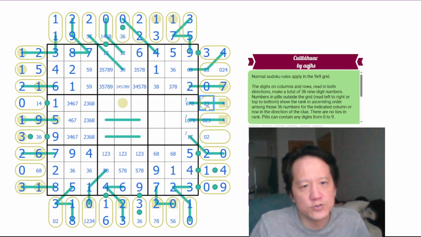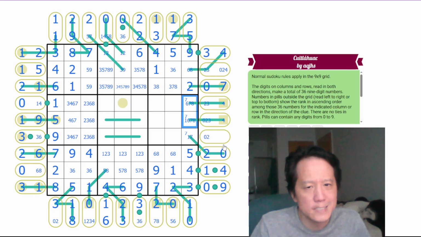7 would be with 2 and another even. We have 1 mod 3, 0 mod 3. 7 could be with... We already have 26 though. So I don't think 7 can be either of those.